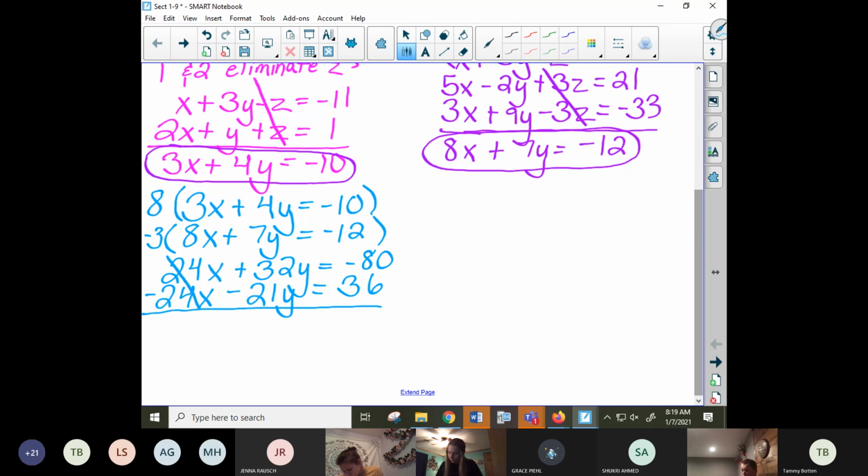So my x's cancel. 32y minus 21y is 11y. Negative 80 plus 36 is going to be negative 44. Divide by 11, and y equals negative 4.